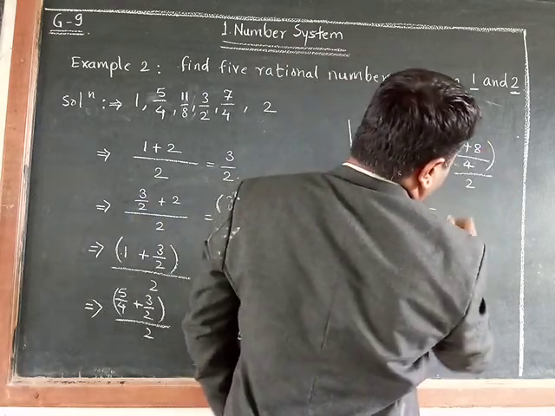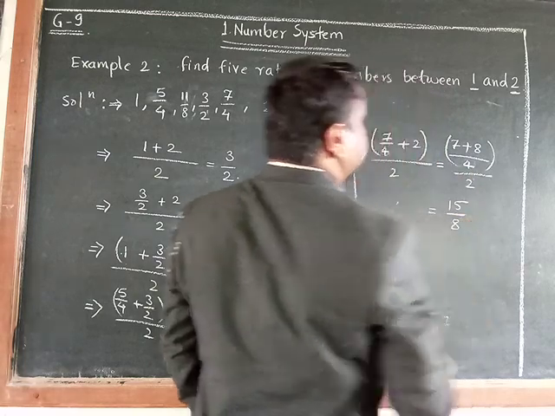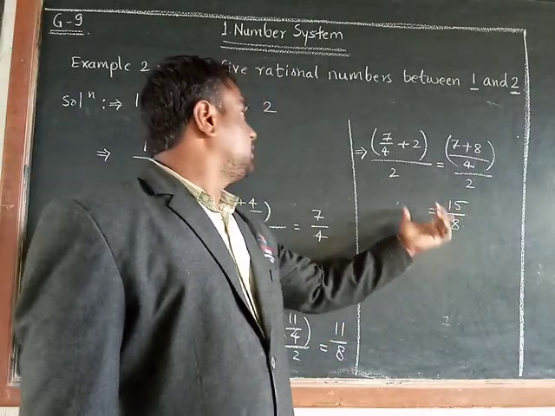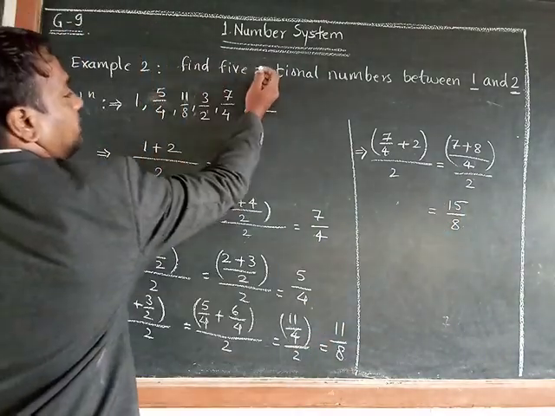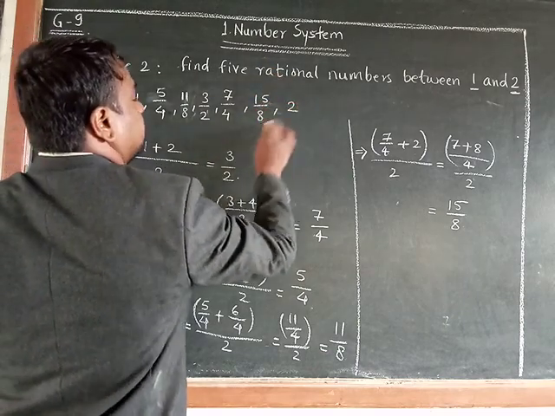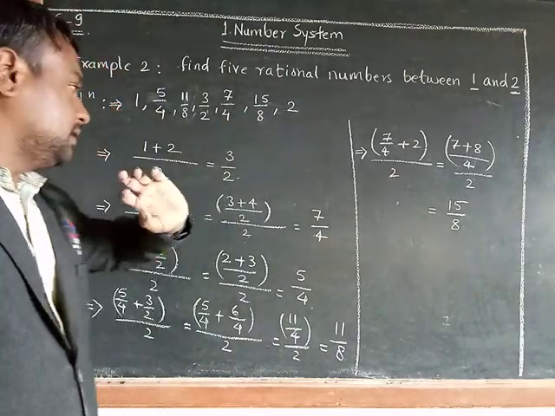Then 7 plus 8 is 15 and 4 2s are 8. So again we find one more number, that is 15 upon 8. That number is between 7 upon 4 and 2.